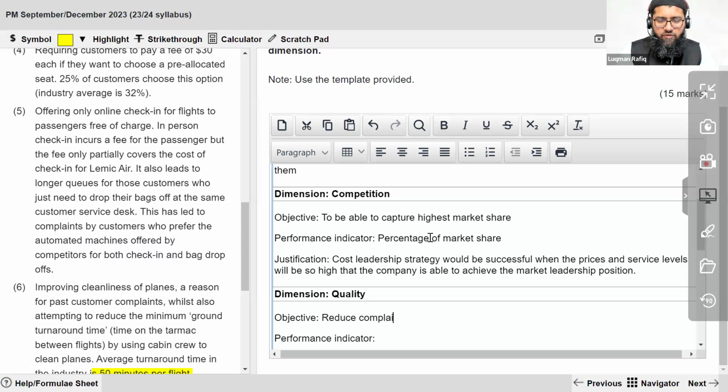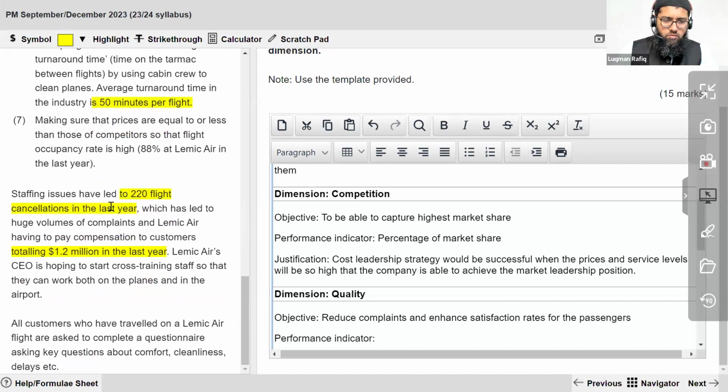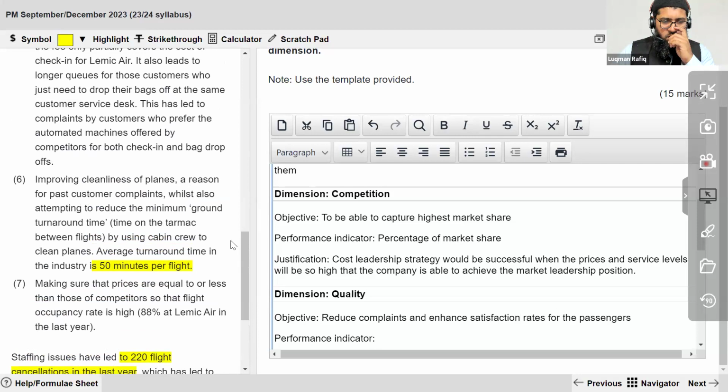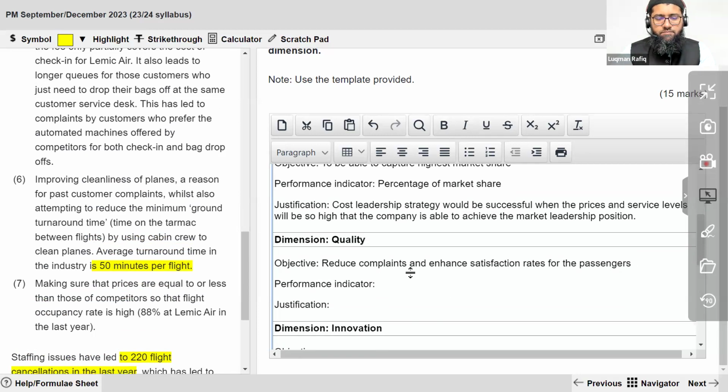Reduce complaints and enhance satisfaction rates for the passengers. Complaint ratio.